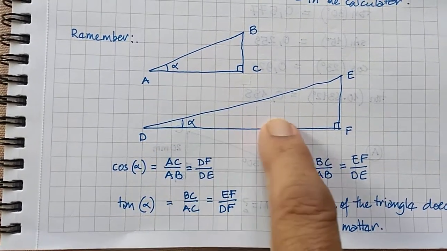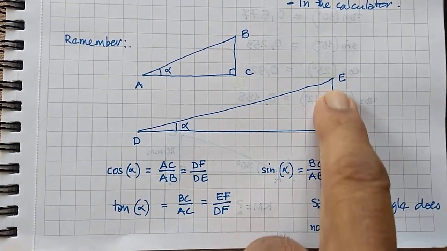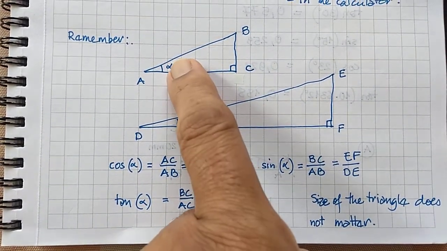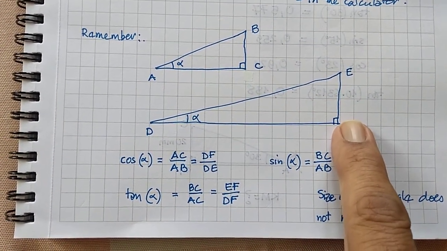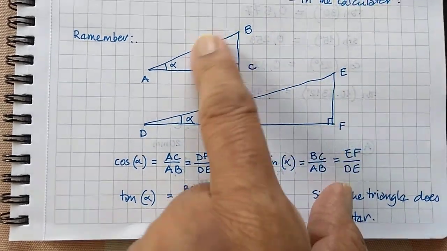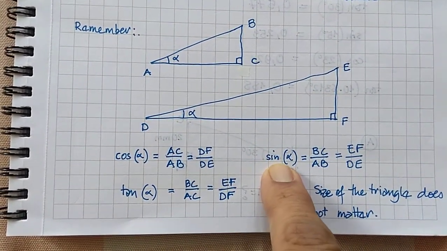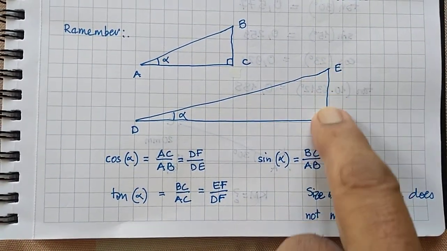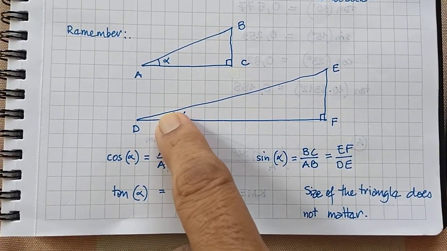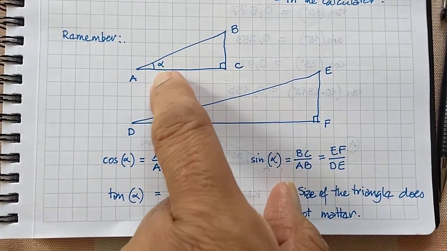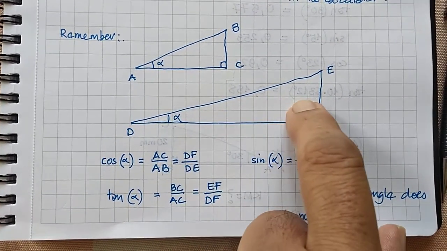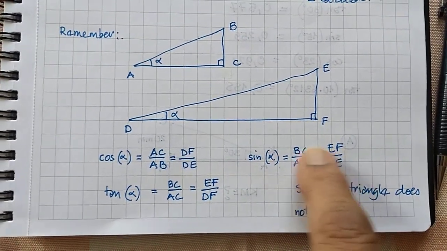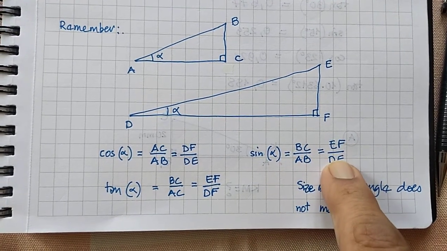So cos alpha is AC over AB, also equal to DF over DE. Why are these two triangles similar? Because this angle is equal to that angle, and this angle is equal to this angle. Two angles equal in different triangles, the triangles are similar. Similarly, sine alpha is equal to BC over AB. It's also equal to EF over DE. So if you drew these two triangles with the same alpha angle with different sizes, and you measured these sides and took these ratios, you would find that BC over AB will equal EF over DE.